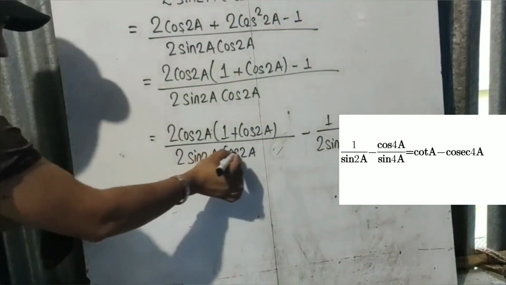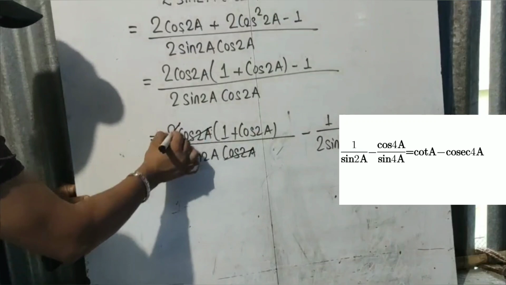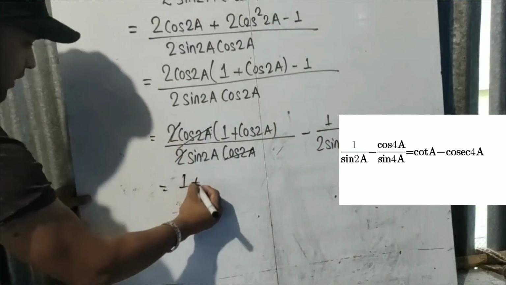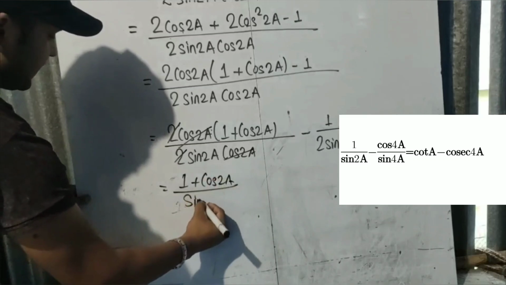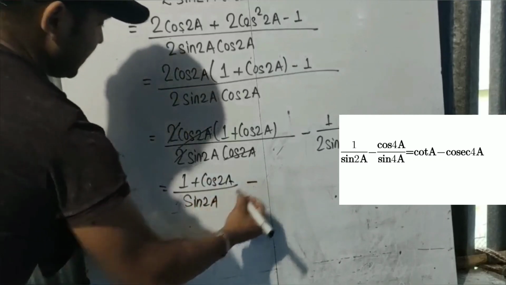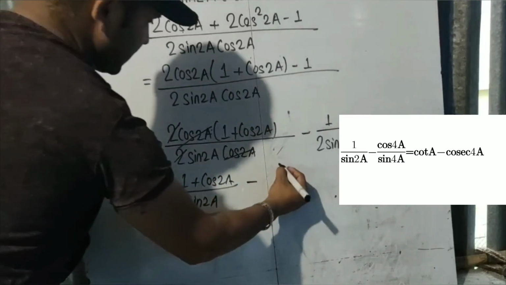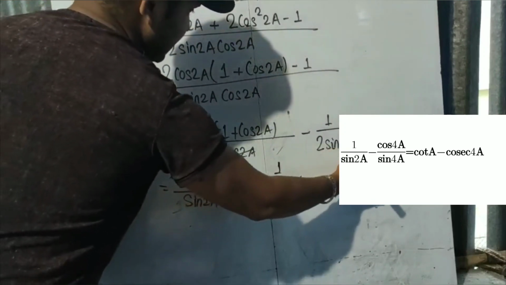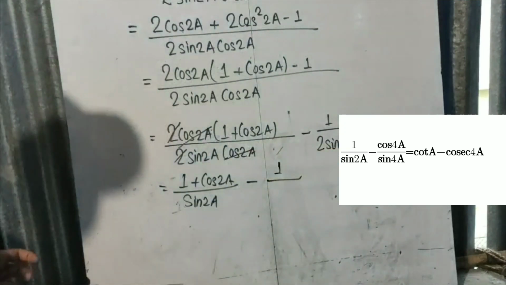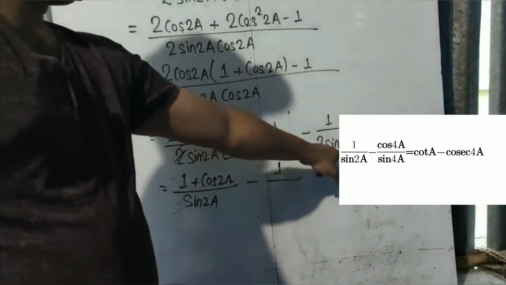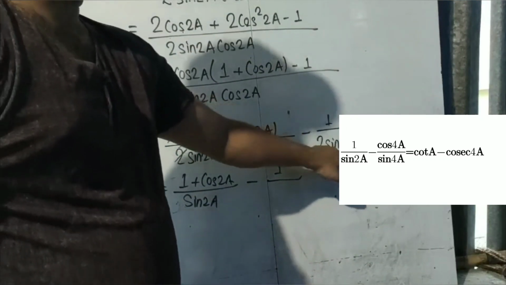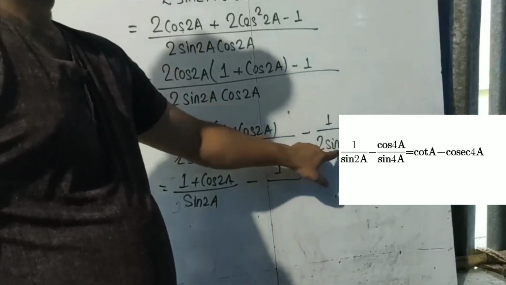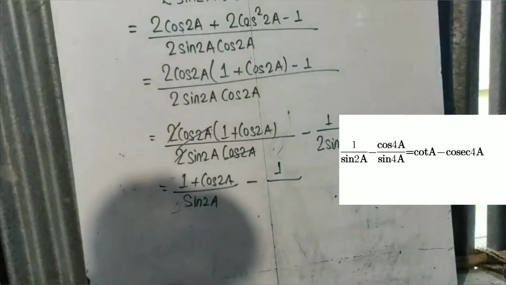Now we can cancel this cos 2a and 2 and 2. Now what we have is 1 plus cos 2a by sin 2a minus 1 by 2 sin 2a cos 2a. Suppose 2a is a, now it changes into 2 sin a cos a, and 2 sin a cos a is sin 2a.